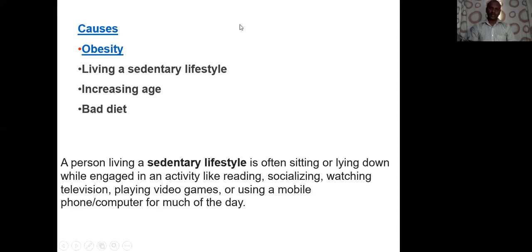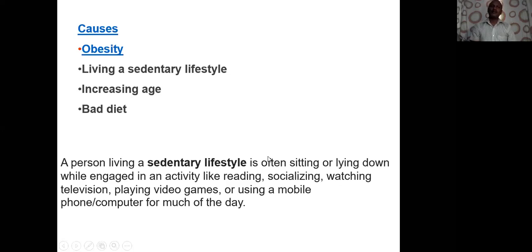Sedentary lifestyle means physical inactivity. When there is no physical activity, we are generally sitting idle every day, sitting without any physical activity, with no socializing, watching television or movies, playing video games, or using a mobile phone or computer for much of the day.